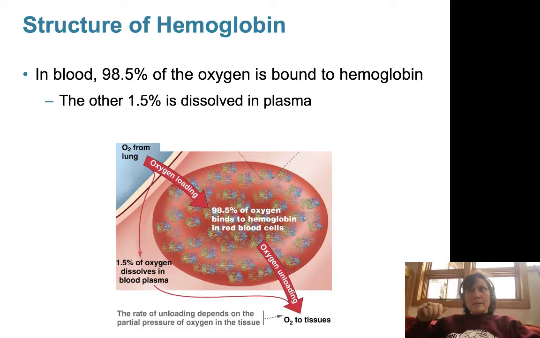Now, as it happens, oxygen doesn't dissolve very well into water. So if your body was dependent upon dissolved oxygen in your plasma to be transported to where it needs to go, it would be incredibly inefficient. You couldn't get enough oxygen into your plasma to work. So hemoglobin is an amazing molecule that has great properties for carrying around a large amount of oxygen.